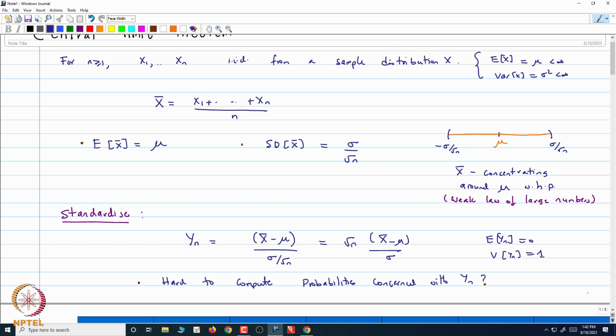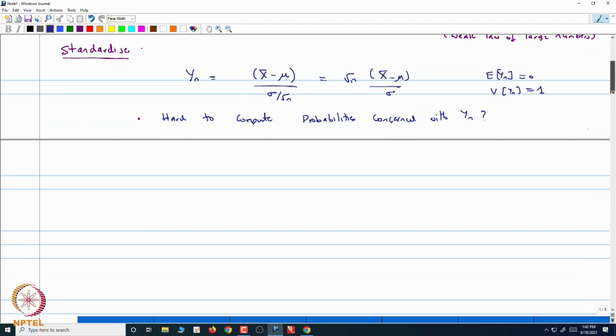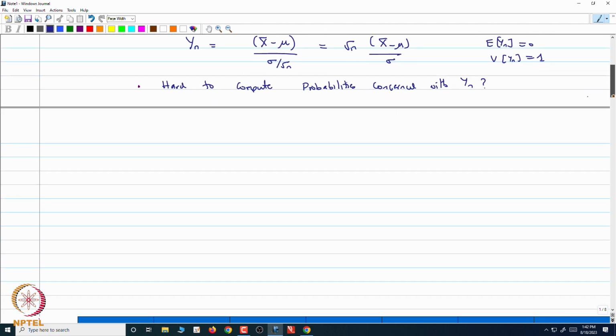Even if you know the distribution of x precisely, this can be quite hard to do. But even if you don't know this, there is a remarkable fact called the central limit theorem that allows you to compute the limiting probabilities, or the limit distribution, in some sense.